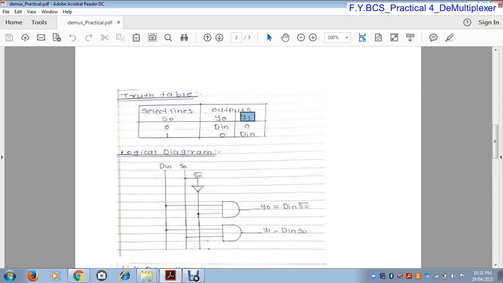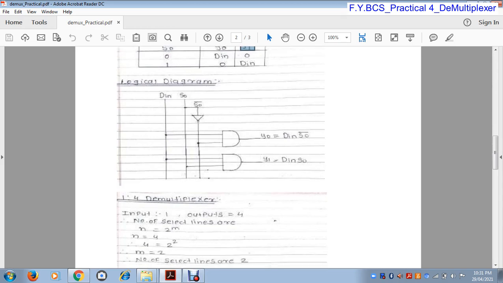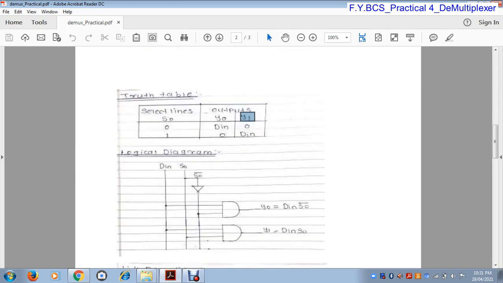Now D in is the input, S0 is the select line, and this is S0 bar, so here we connect a NOT gate. If we provide 1 here, we get 0, and if we provide 0, we get 1, because of the NOT gate. We use two AND gates because there are two outputs, Y0 and Y1: one AND gate for Y0 and one for Y1.